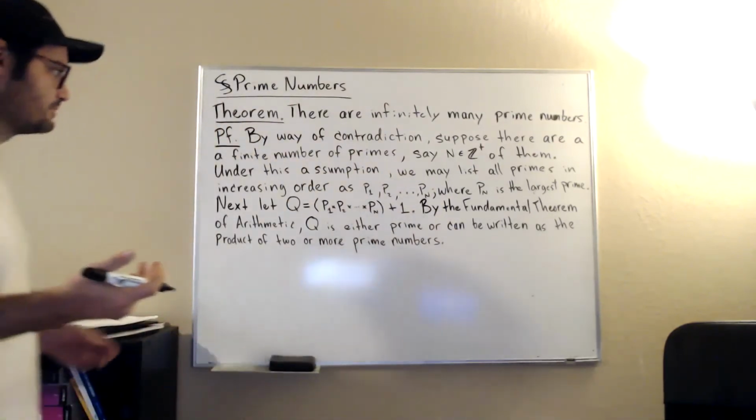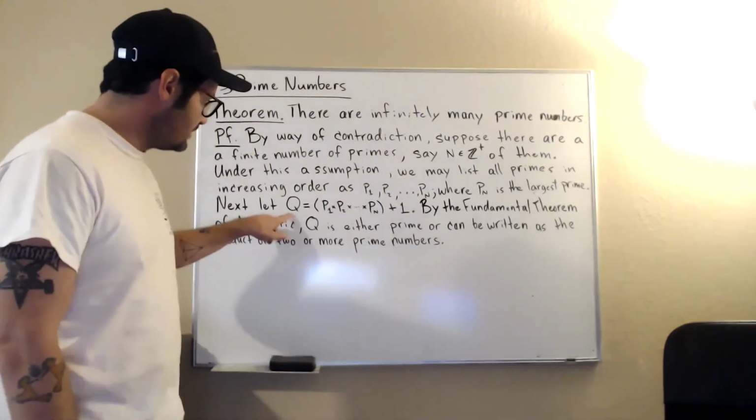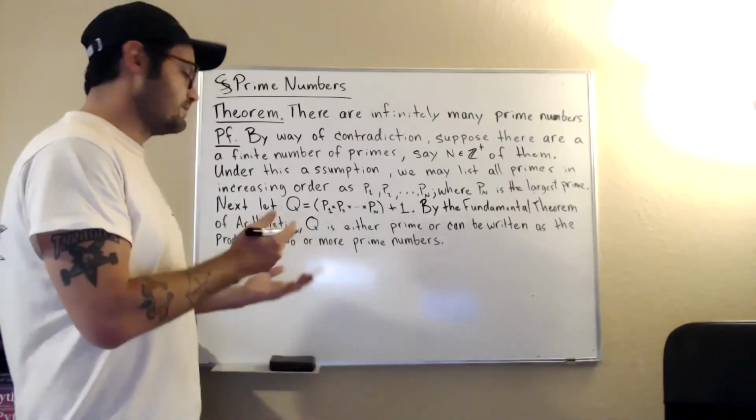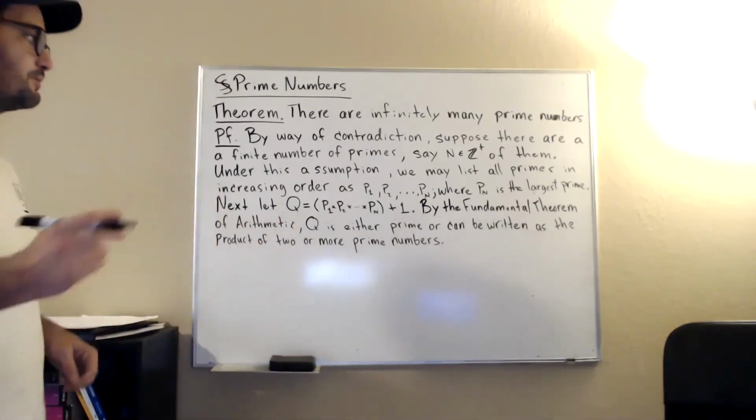Right, so the fundamental theorem of arithmetic guarantees that number Q is either prime or can be written as a product of 2 or more prime numbers.